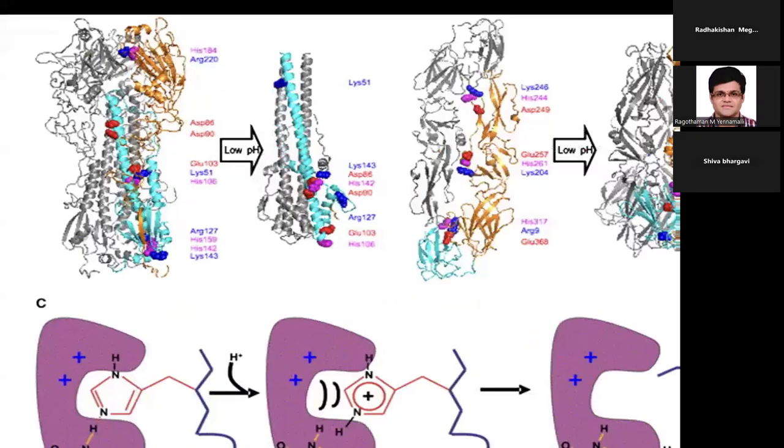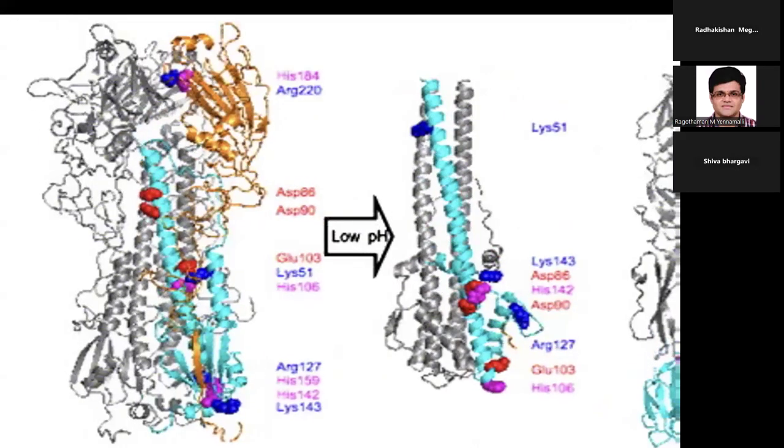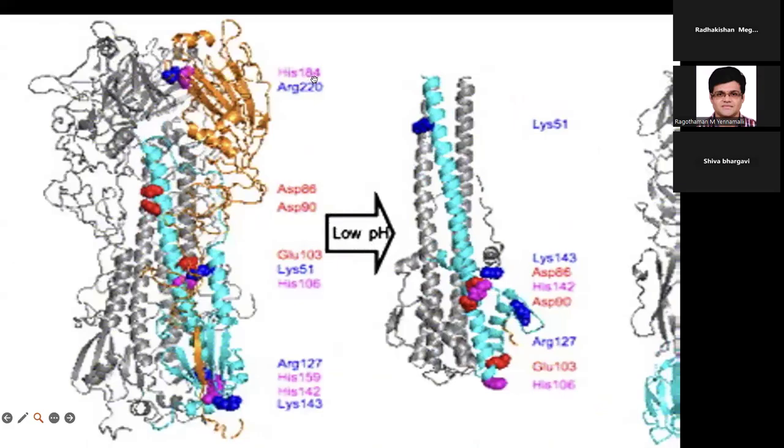I don't know how clear you see it, maybe here. You can see clearly, histidine 184 makes an interaction with arginine 220. Similarly, lysine 51 makes an interaction with histidine 106. Similarly, this arginine makes an interaction with this histidine, and this histidine makes an interaction with this lysine.